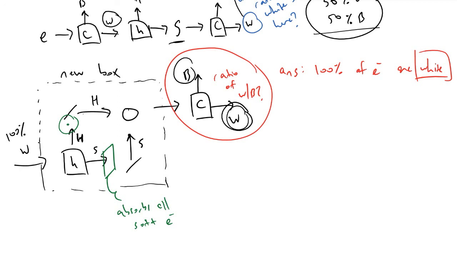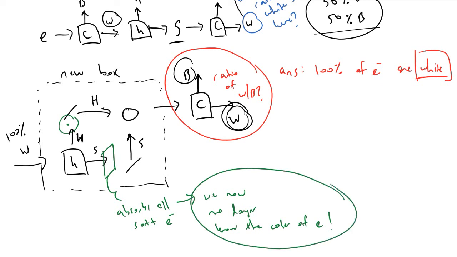And so what we have to say is that inside of the box, so just to clarify this, when we filter out all the soft electrons, we now no longer know the color of the electron. So that is the key takeaway from what we see experimentally in quantum mechanics.